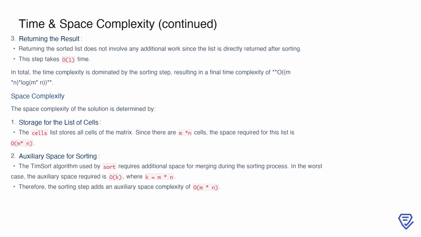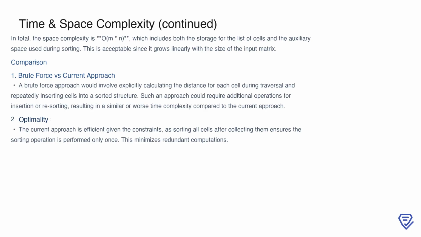Therefore, the sorting step adds an additional O(m * n) to the space requirements. When we combine these factors, the total space complexity of the solution is O(m * n), driven by the storage for the list of cells and the auxiliary space used during sorting. This linear growth in space requirement is acceptable given that it scales directly with the size of the input matrix.